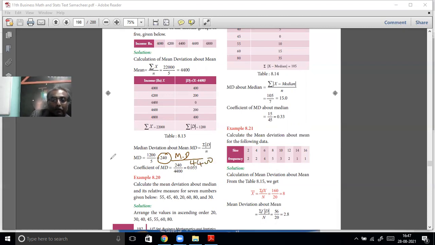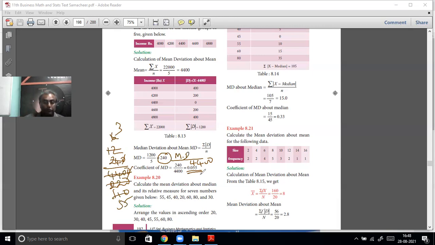So 240 must be divided by 4,400. Cancelling down, we get 3 by 55, which is 0.055. That is the answer.